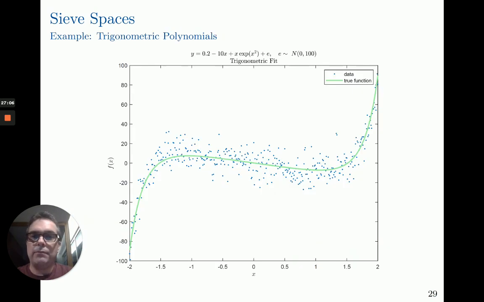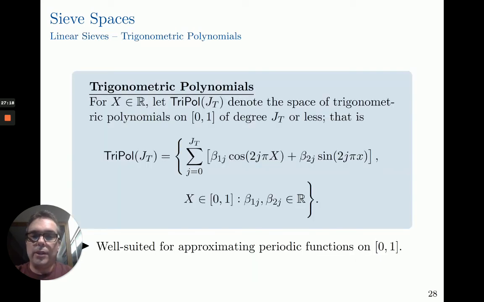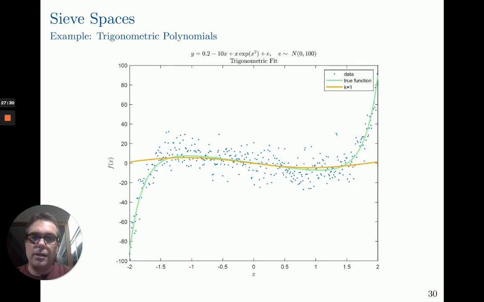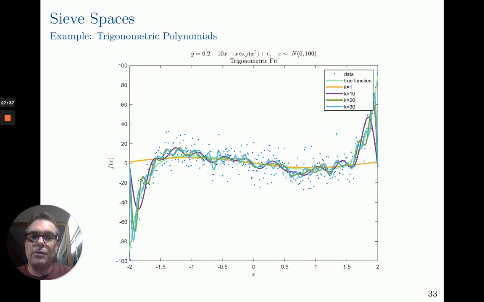Okay. And let's go back to the example. Let's try to approximate the green line by a trigonometric function. That's with j here. There's a typo in the graph, but we are just increasing the number of terms. Okay, one trigonometric function, two, 10, 20, 30 trigonometric functions.